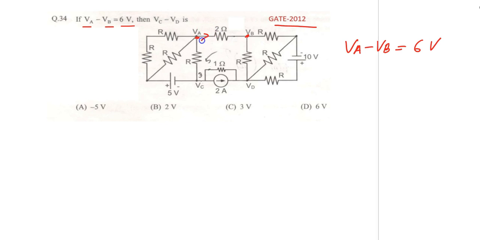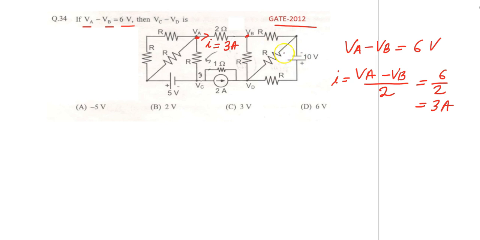So what should be this current? I is equal to VA minus VB upon 2, because it is 2 ohm. So 6 upon 2, that is 3 ampere. That means here the current is 3 ampere.